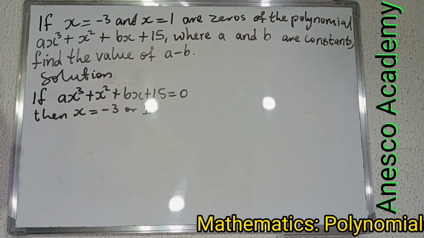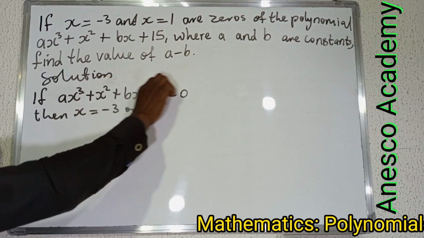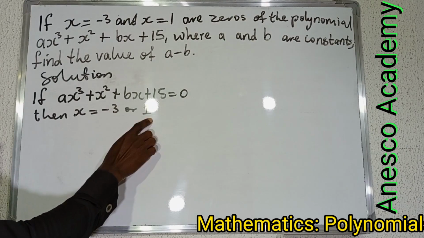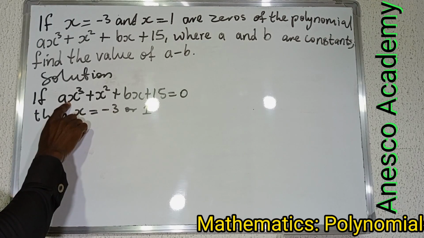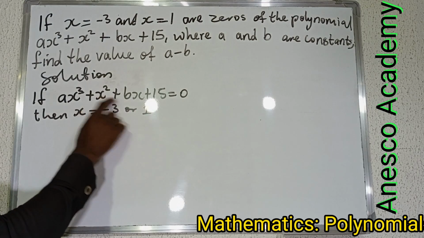That's it. That is exactly what it means. Zeros of this, that is the root of this polynomial when it is equated to 0, is either this or that. Now we're going to substitute this here, and then in the other instance we'll substitute our x as what?